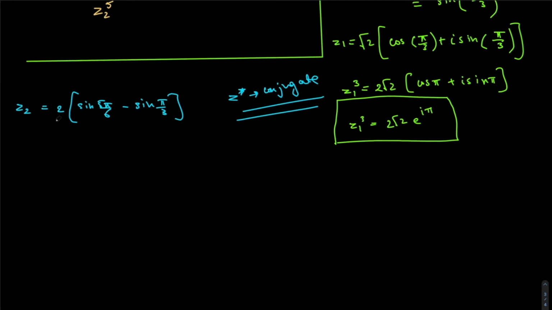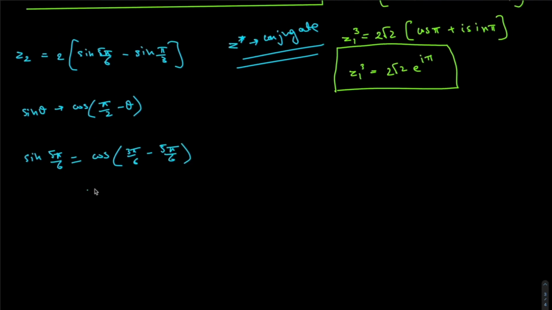Great. So we have sine 5 pi by 6 minus I sine pi by 3. So again, sine of theta is equal to cosine of pi by 2 minus theta. Okay, you have this. Now, how would we convert this? So we have sine 5 pi by 6 is equal to cosine of pi by 2, so I'll write it as 3 pi by 6 minus 5 pi by 6.